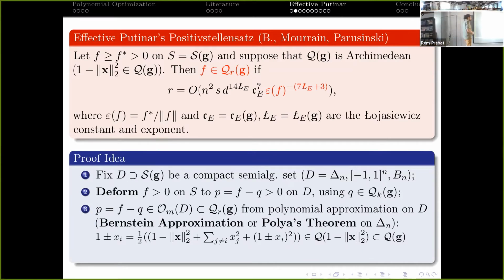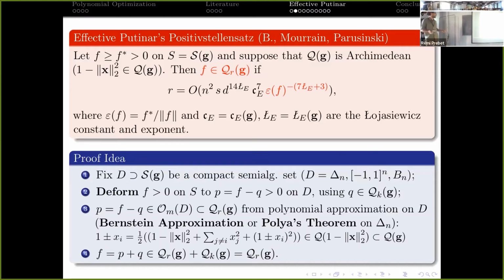If we do that, from the Archimedean property, we know that the preordering of this special set that we have chosen is a subset of the quadratic module. You can look at this expression that gives this result. And once you have this, it's done, because then f can be written as P plus Q. P belongs to the quadratic module, Q belongs to the quadratic module, and we have the representation that we want.